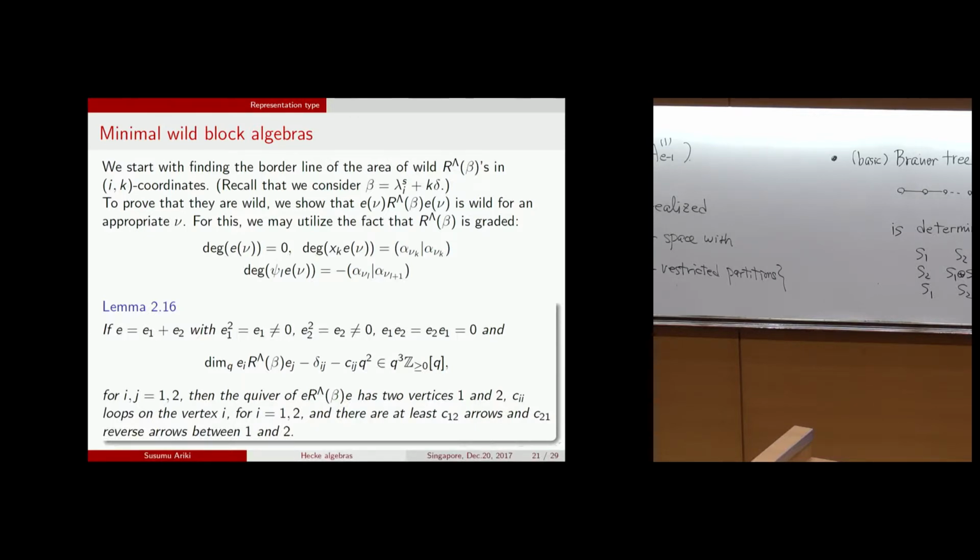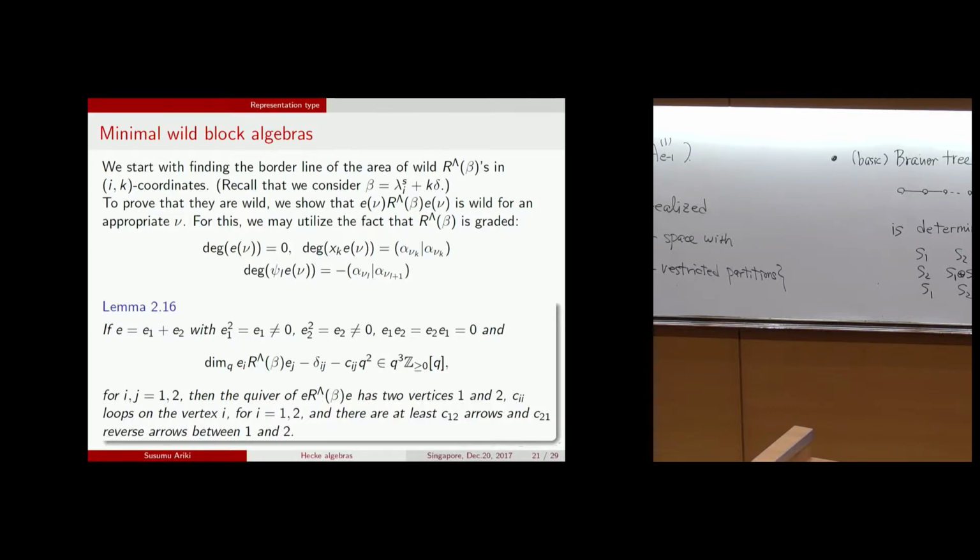And to prove that, actually I found candidates for minimal wild algebras and blocks, and wanted to show that they are wild. For this, either we show that e(nu) R lambda beta e(nu) is wild for our nu, or do a more explicit computation. And here, for example, we may use the fact that this algebra is graded.